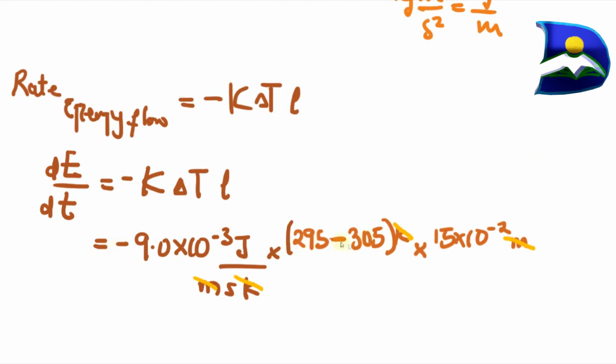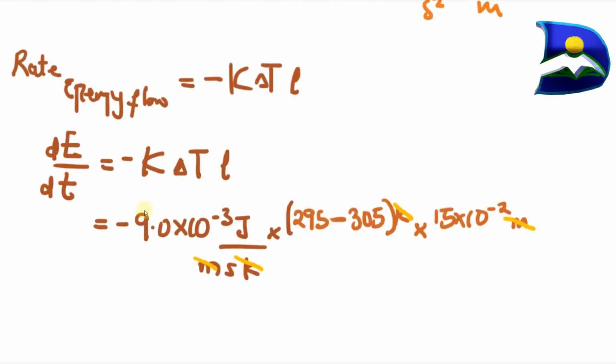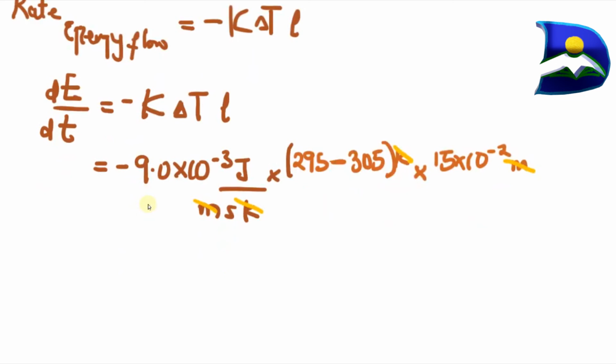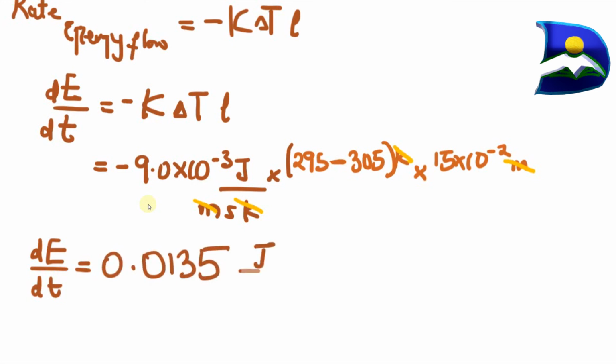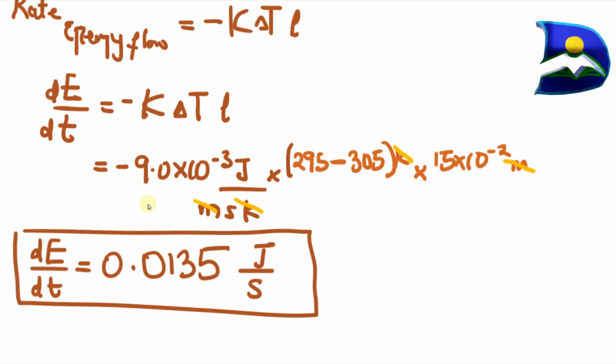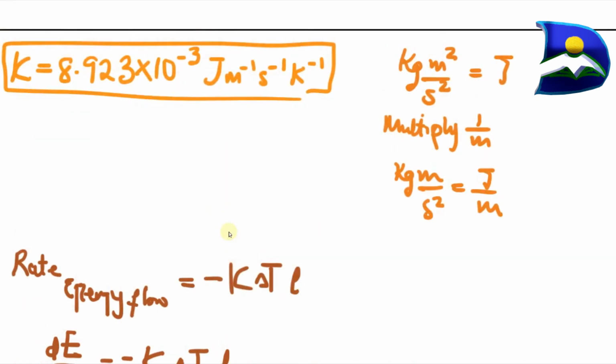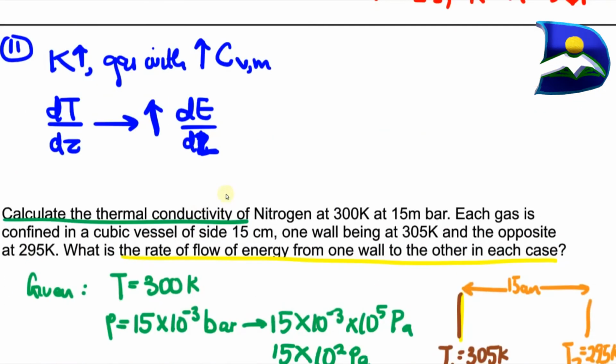Where you perform your subtraction here, we get a negative value, and the negative cancels out our negative, and therefore we'll be able to determine our specific rate of energy flow, or the energy gradient in this case at a specific time, to be equal to 0.0135. Take note that this is measured in joules per second. So those are the two answers that we're able to determine based on this particular question right here.